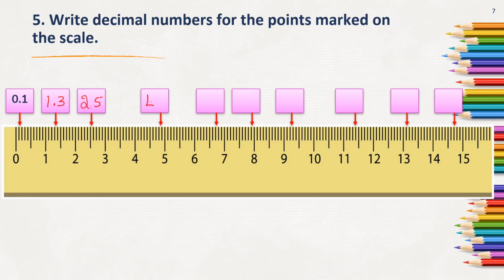Here 4 whole and 9 millimeters. So 4.9. Here 6 whole and 7 millimeters. Yes, 6.7. Here 7 whole and 9 millimeters. So 7.9 and then 9 whole and 3 millimeters. So 9.3.